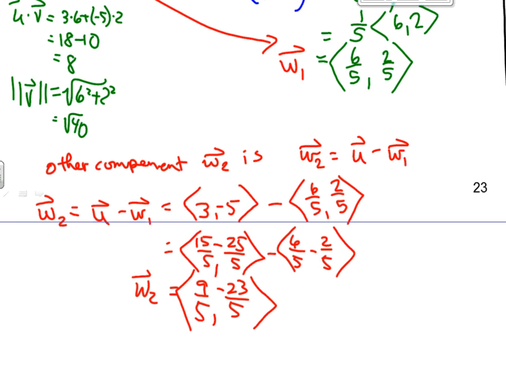Did I make a mistake here? Oh, yes, I did make a mistake there. It should be a comma instead of a negative sign, so that changes things. Comma, and then -25 plus 2 is what? -23/5.